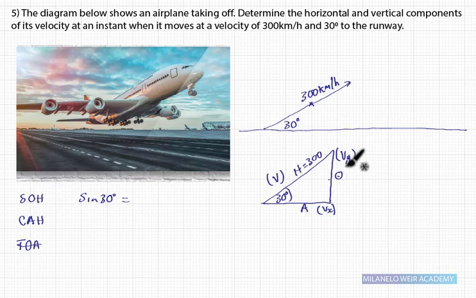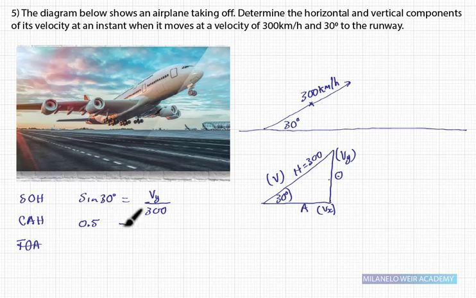Opposite is vy, and the hypotenuse is 300. Well, sin 30 is 0.5.